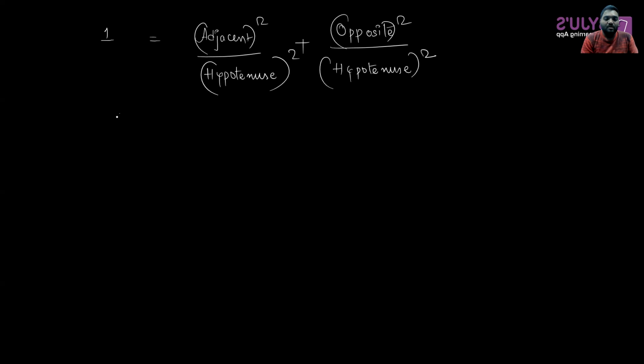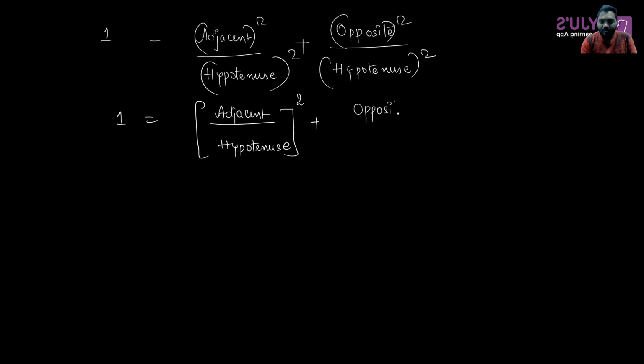Now I can take the square common: adjacent divided by hypotenuse, whole square, plus opposite divided by hypotenuse, whole square. And you know the trigonometric ratio for adjacent divided by hypotenuse is what?